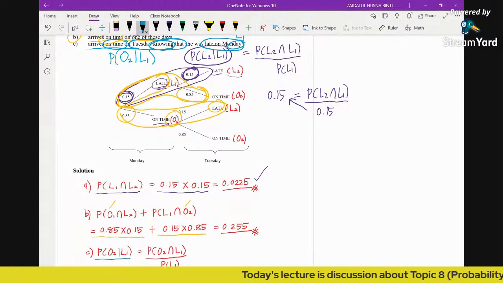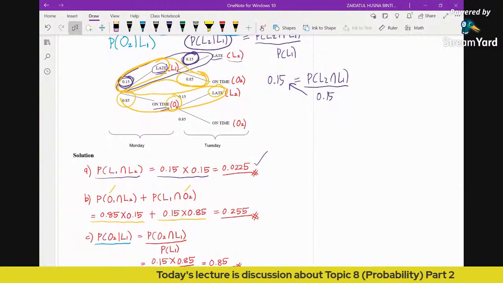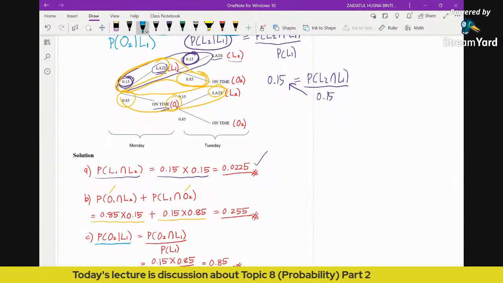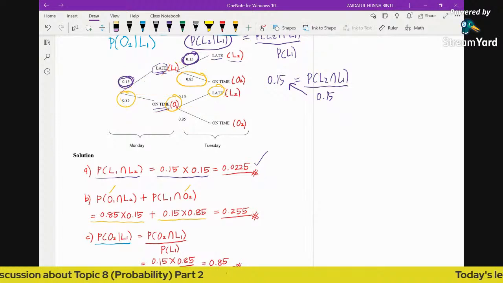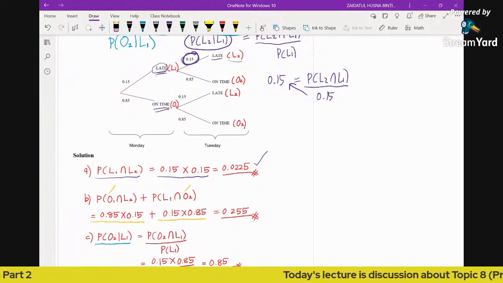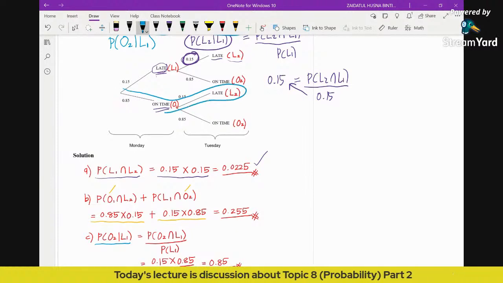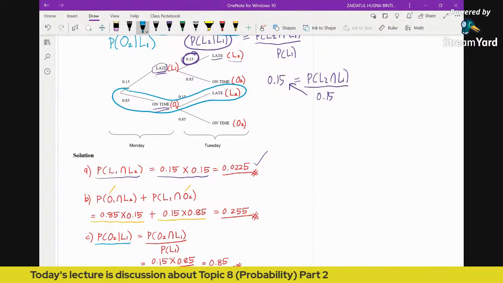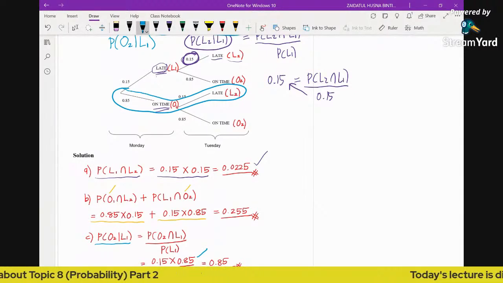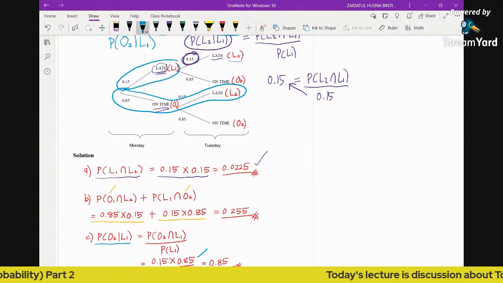We can use the formula: O2 intersect L1 divided by P(L1). So O2 intersect L1 is 0.85 times 0.15, divided by P(L1), which is 0.15. So you will get 0.85.